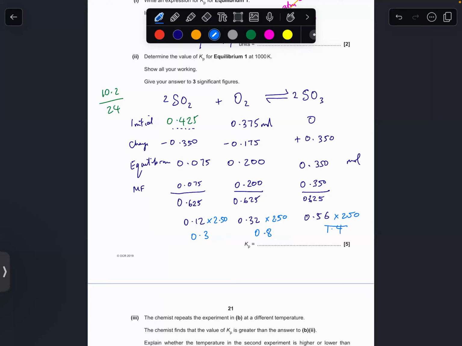These partial pressures should add up to the total pressure. So 0.3, 0.8, it's 1.1. Yep, these add up to 2.5 atm.